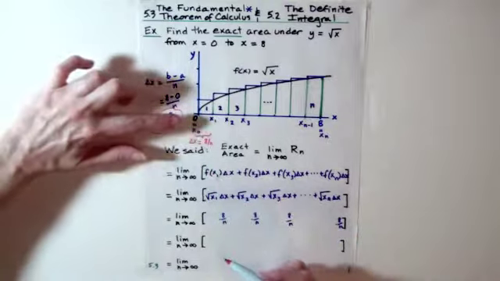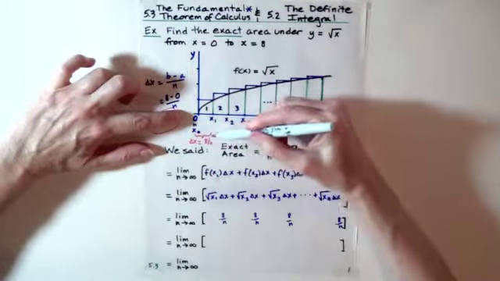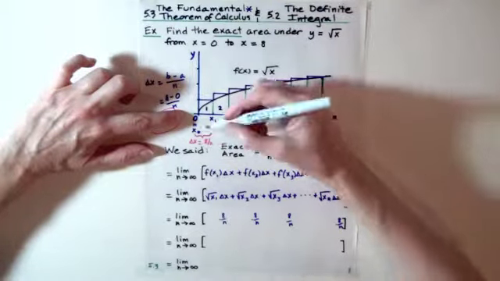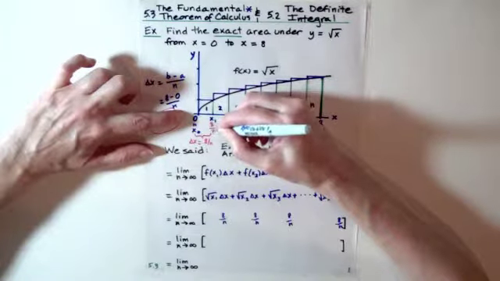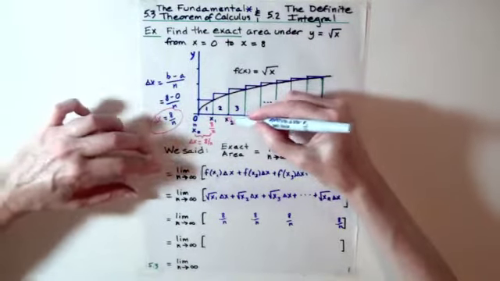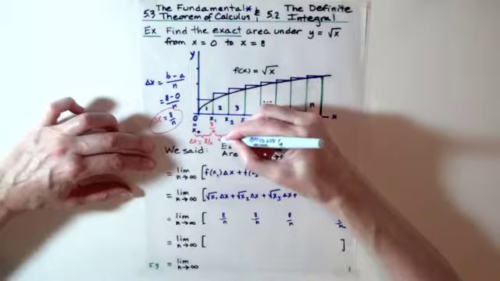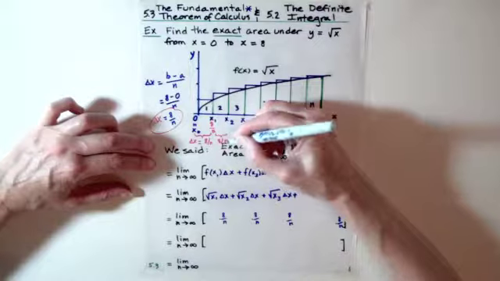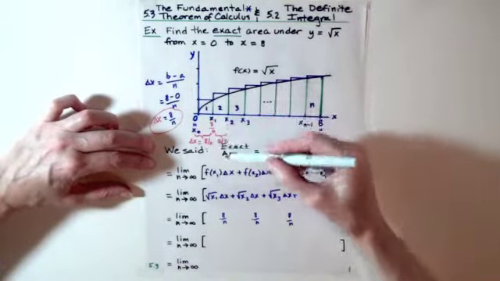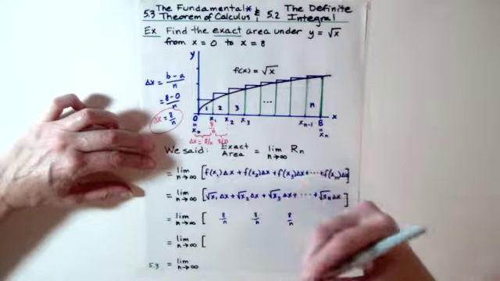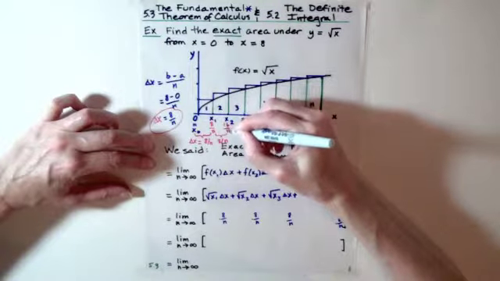Well, if I start out here at x equals 0, what would x1 have to be if I'm moving 8 over n units to the right? x1 would have to be equal to 8 over n. And to figure out what x2 is, I'd be moving another 8 over n units to the right. So x2 would have to be 8 over n plus another 8 over n. That would be 16 over n. So x2 is actually 16 over n.